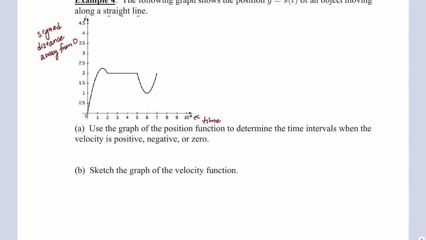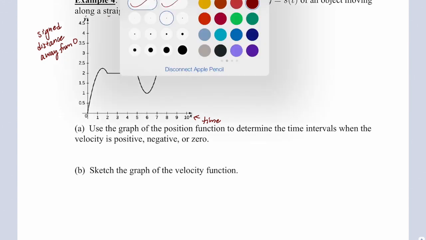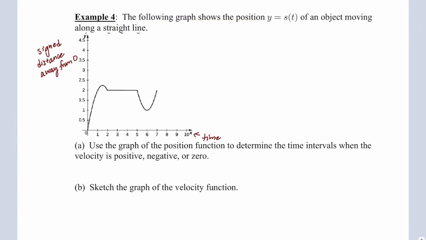So we're told or asked to use the graph of the position function to determine the time intervals when the velocity is positive, negative, or zero, right? So remember, velocity positive would mean position moving, or particle moving in the positive direction.